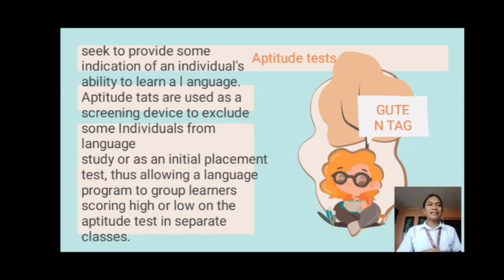The last one is the aptitude tests. Aptitude tests seek to provide some indication of an individual's ability to learn a language. Aptitude tests are used as a screening device to exclude some individuals from language studies or as an initial placement test, thus allowing a language program to group learners scoring high or low on the aptitude tests in separate classes.